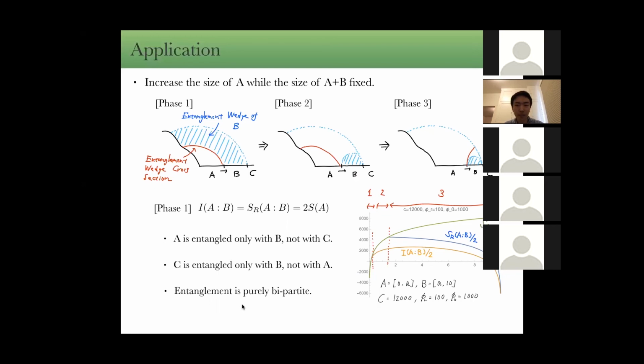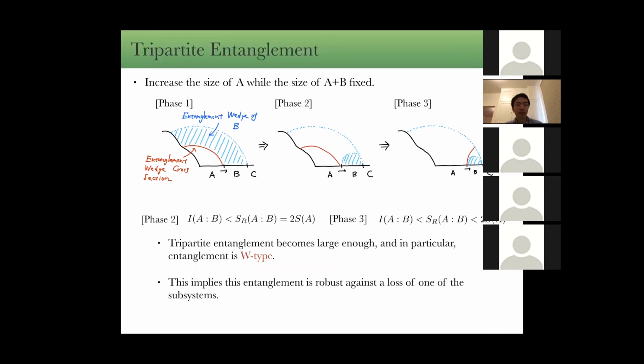But the situation is different in phase 2 and phase 3. In phase 2 and phase 3, we have the strict inequality, which means that the tripartite entanglement shared by these three subsystems can be said to be a robust type of entanglement.